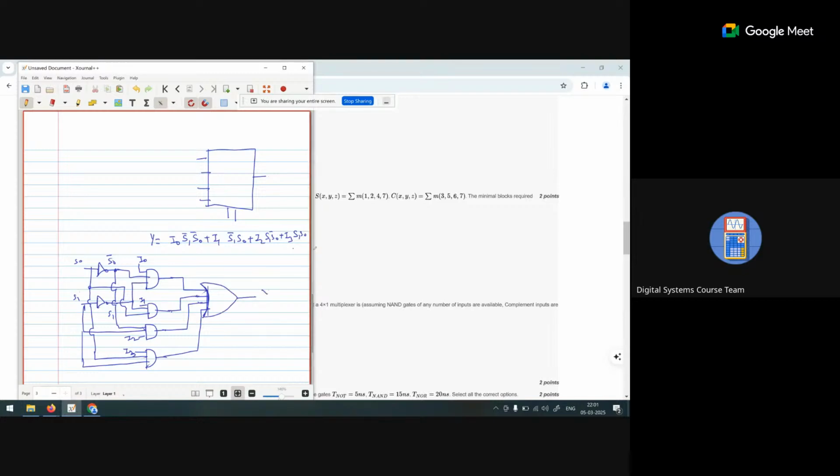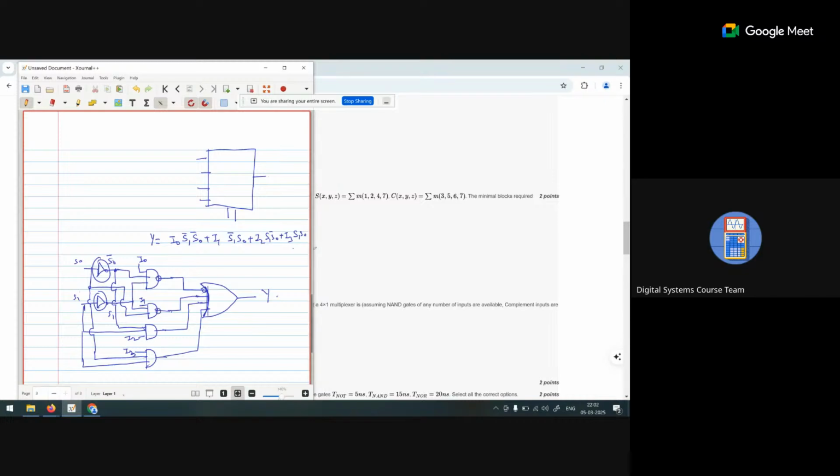So your equation Y is okay. Now I have to implement this with the help of NAND gates. This is one NAND gate, one NAND gate two. If I use one bubble here and one bubble here, this one is a NAND gate.